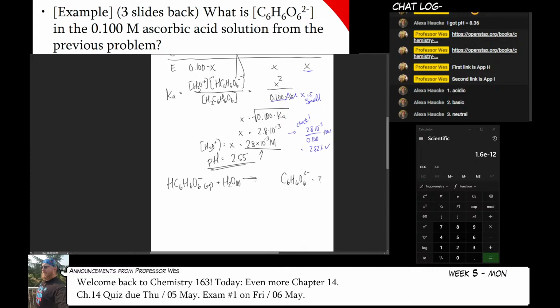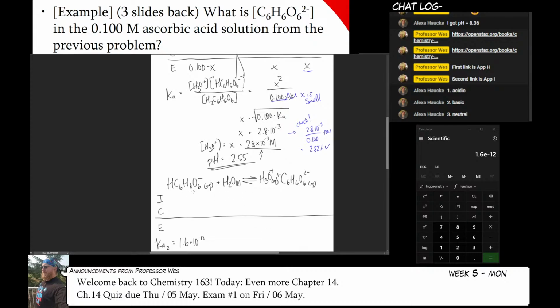This plus this makes H3O+ aq and the sorbate. And for this one, we'll just write Ka2 down here. So Ka2 equals 1.6 times 10 to the minus 12. Okay.